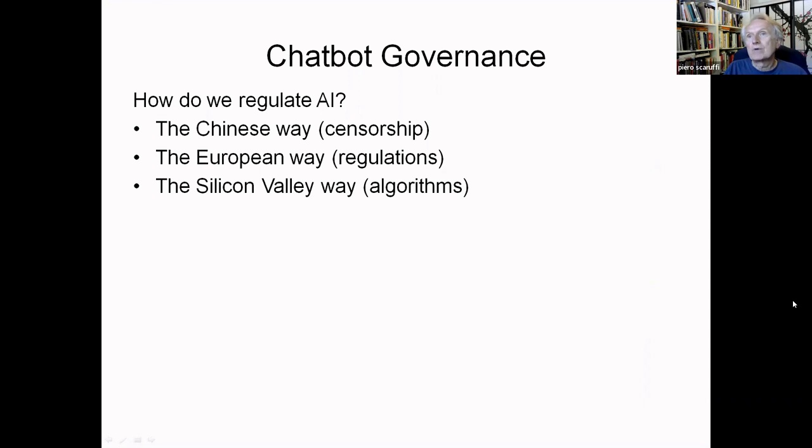You know, I see regulating IT in general, regulating software, in general, I see three ways. The Chinese way is very simple, censorship. Government decides these things cannot be done, period. The European way is to come up with a set of regulations incrementally and to protect consumers and users.